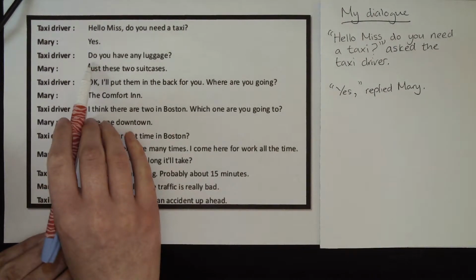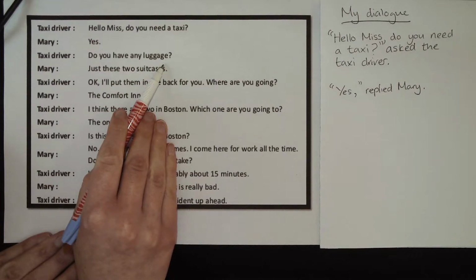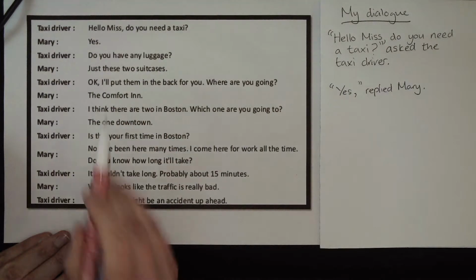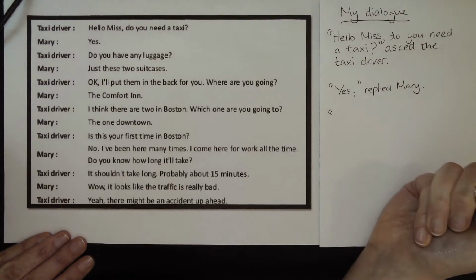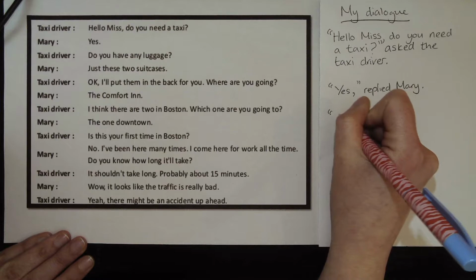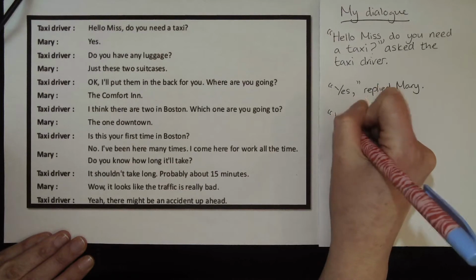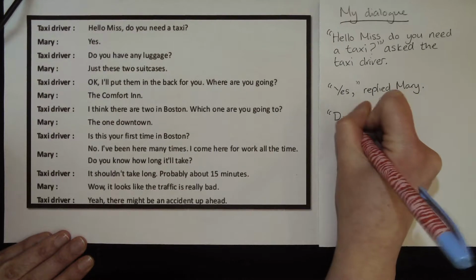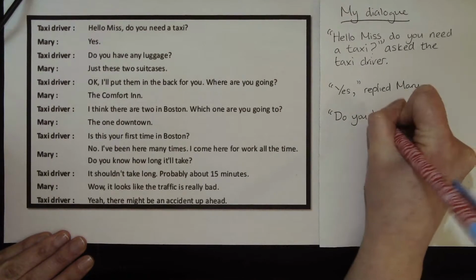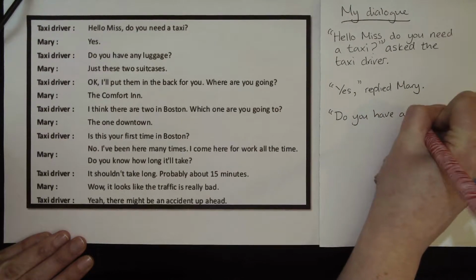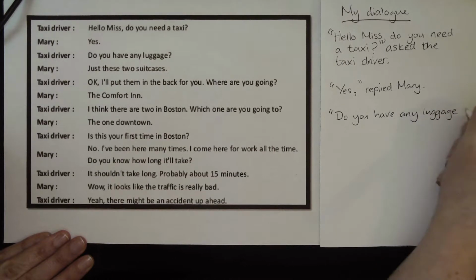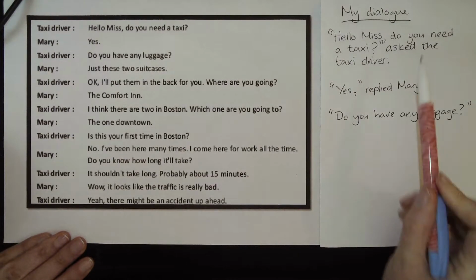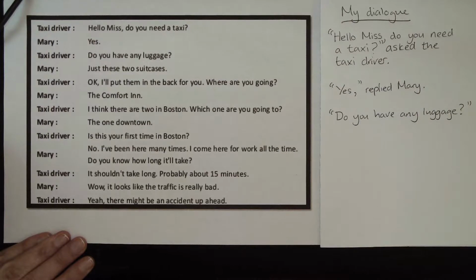Okay, so the taxi driver then asks, "Do you have any luggage?" So again, I've got a new speaker, so I'm going to start a new line. I'm going to open my speech marks and I'm going to write down what the taxi driver says. "Do you have any luggage?" And again, I need to finish my sentence with a verb and who is speaking.